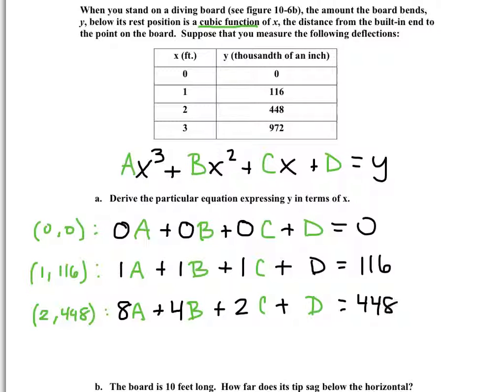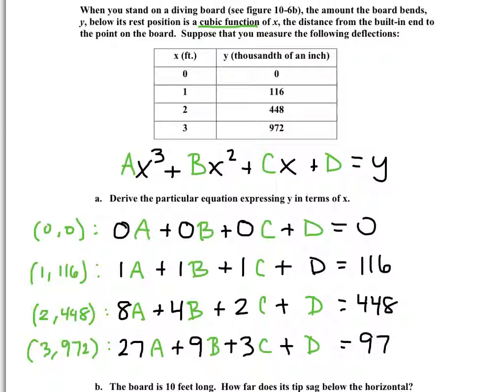Finally, our last ordered pair, 3, 972. 3 cubed gives us 27a plus 3 squared is 9b plus 3c plus d is now equal to 972.